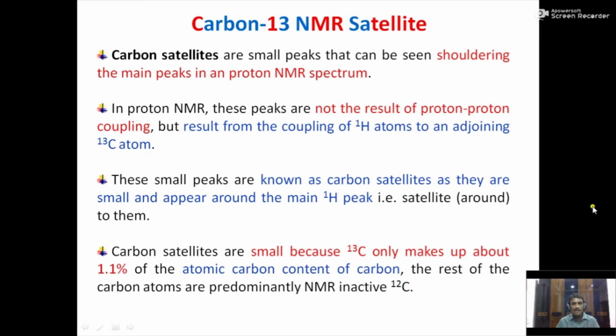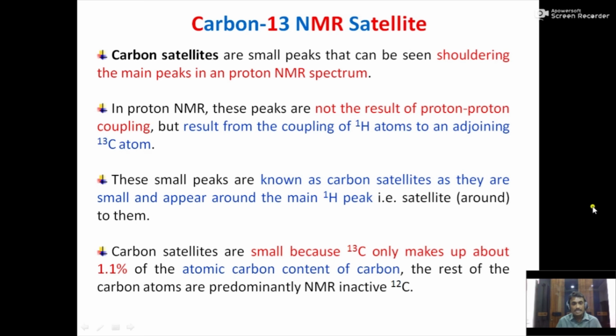In proton NMR, these peaks are not the result of proton-proton coupling, but are because of the coupling of the H1 atom with the adjoining C13 atom. These small peaks are known as carbon satellite peaks. As they are very small, they appear around the main H1 peak.